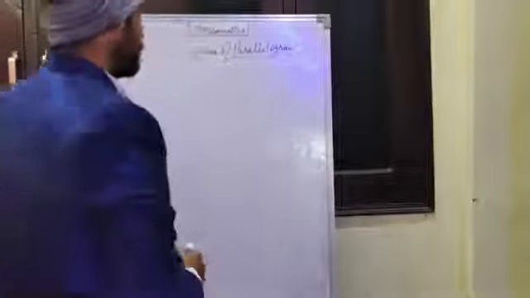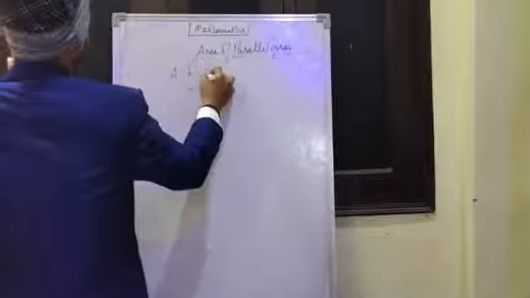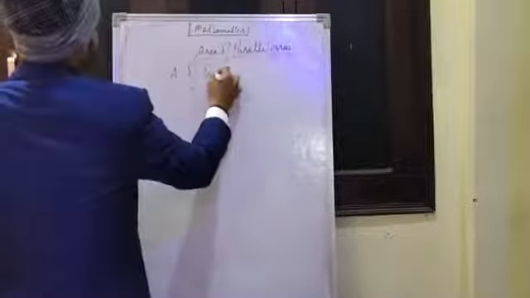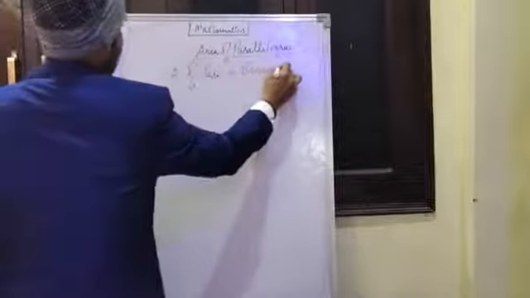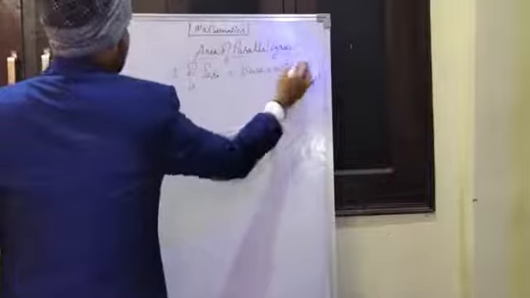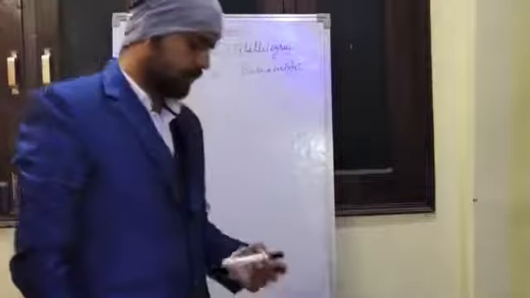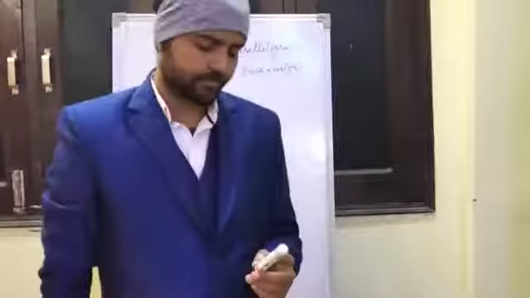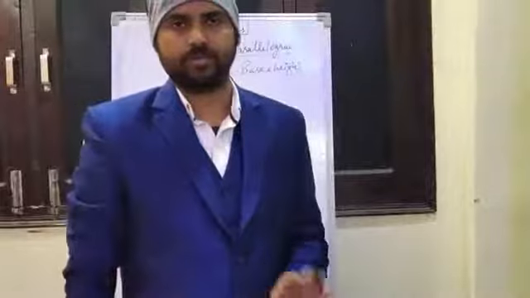For example, the formula for area of parallelogram is base into height. The formula is very easy to remember, but for understanding purposes, you should know the criteria to see what is base and what is height.